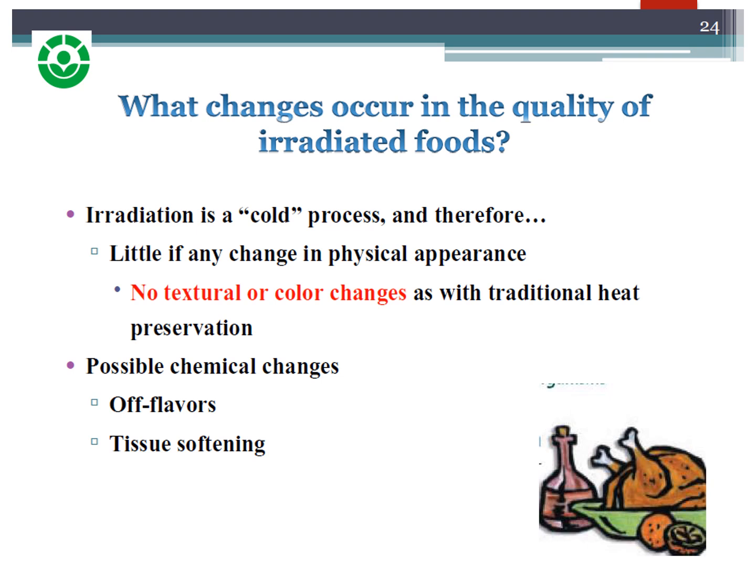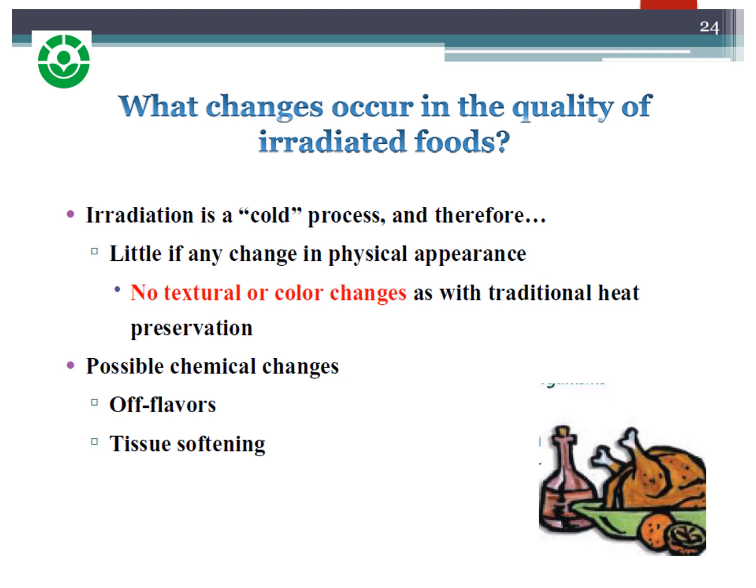So next we see what changes occur in the quality of irradiated foods. Irradiation is a cold process. Little, if any, change in physical appearance. No textural or color changes as with traditional heat preservation.